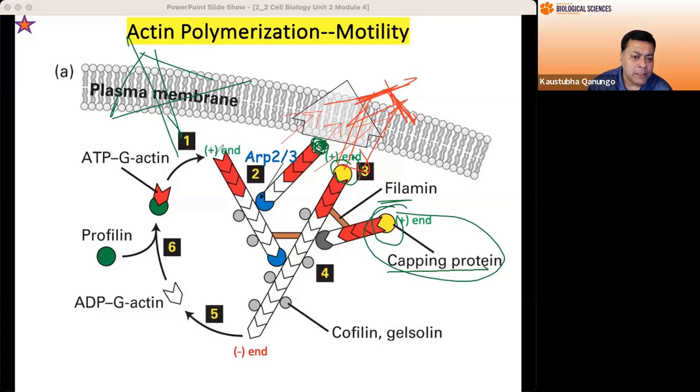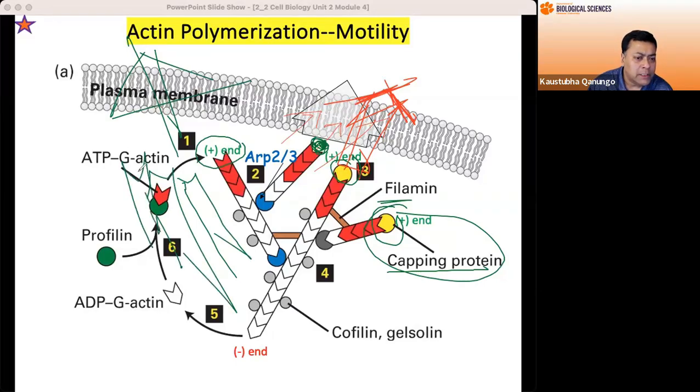But the capping proteins will not cap the other actins, which I'm just drawing as well, the ones which are facing in this direction. These are all plus ends of different actins. They will not cap that. So essentially all the ATP G-actin is now polymerized in this direction.